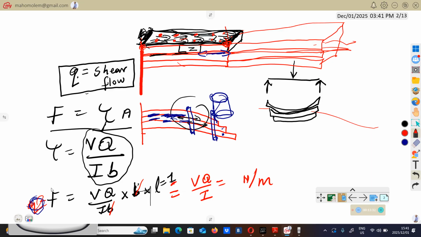Then from there you can decide, using professional knowledge, whether you're going to use a few bolts or many, or are you going to use the thick one or the thin one? It all depends on the Q.